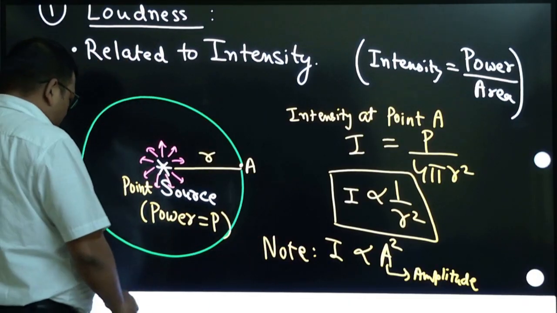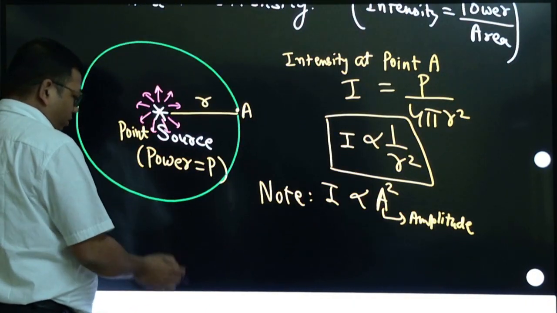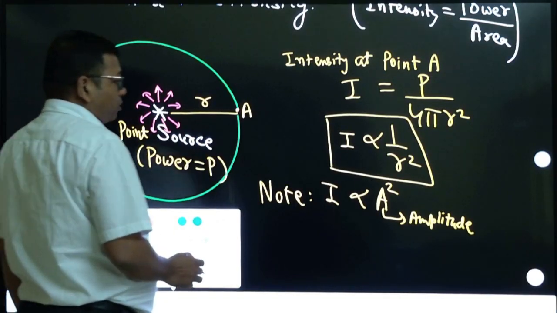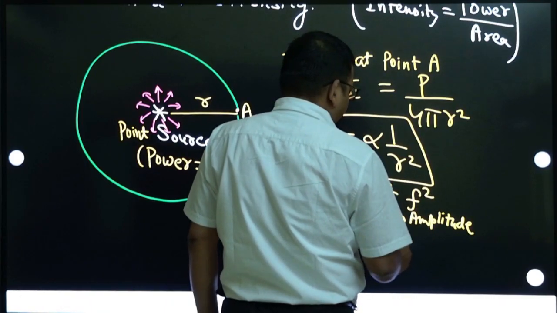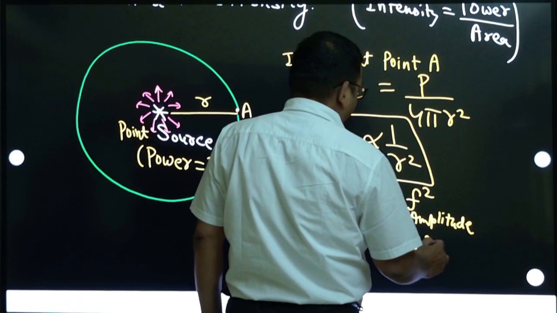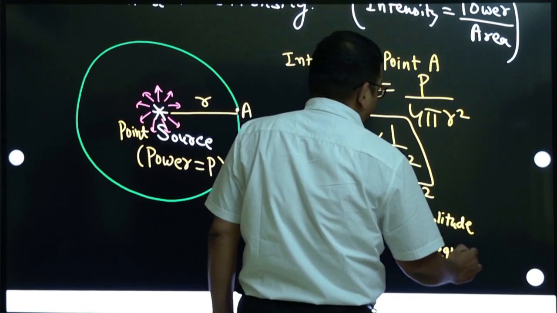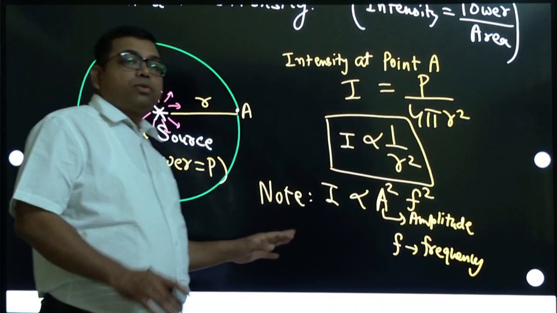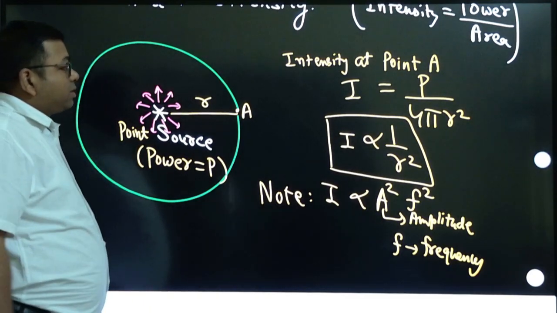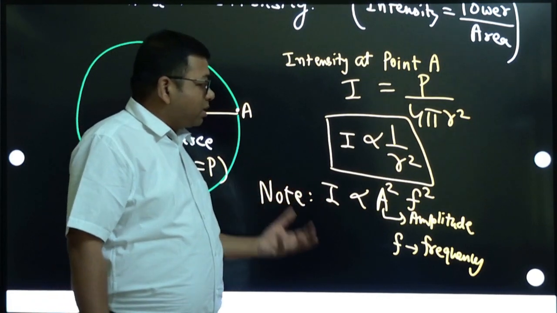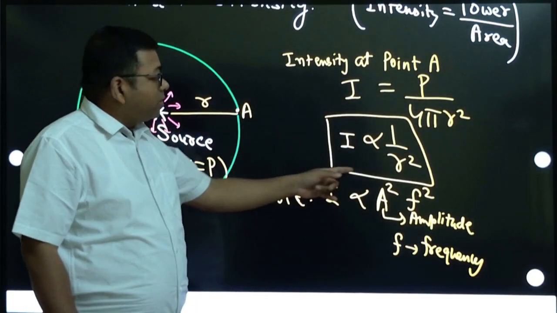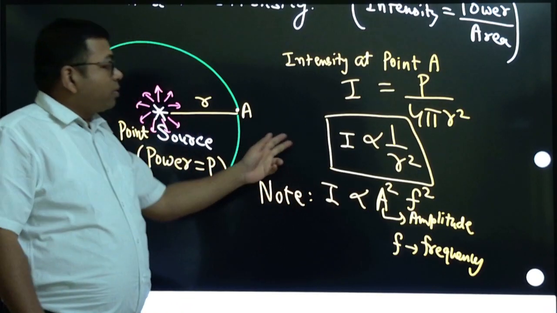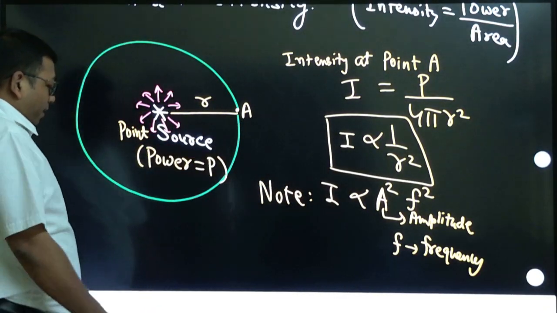Intensity is proportional to amplitude square, and also intensity is proportional to frequency square, f square, where f is frequency. So this relationship we should know, right? Intensity is proportional to amplitude square, proportional to frequency square, and also inversely proportional to the square of distance. Okay, right.